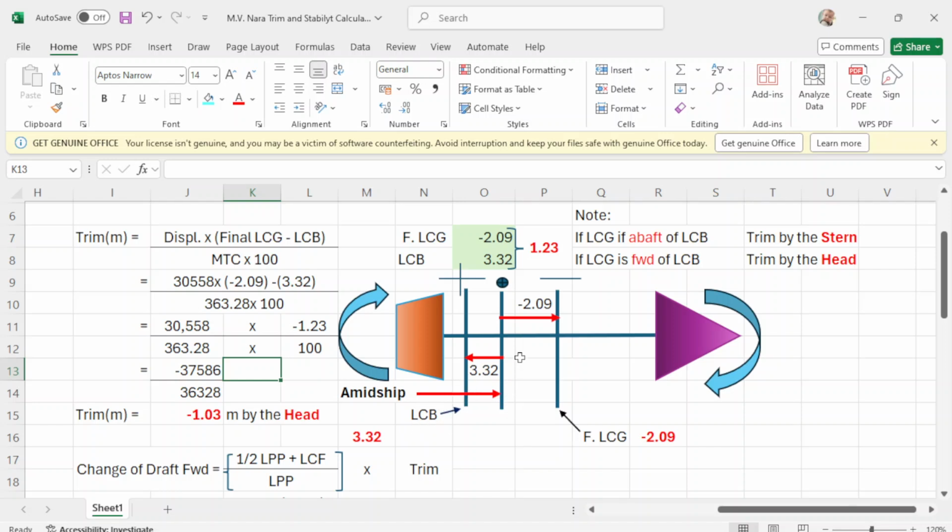Okay, just take note, the LCG is negative 2.09, and your LCB is positive 3.22. So she's behind the amidship because it's positive. So final LCG is forward of LCB. That's why you are trimmed by the head. Now, if LCG is forward of LCB, you are trimmed by the head.